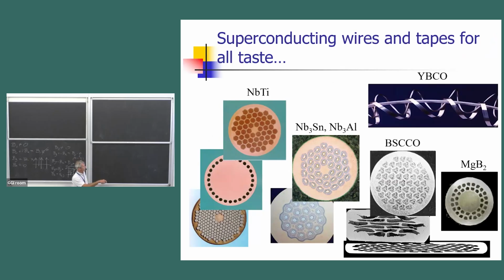And then you see a matrix invariably, different colors, but usually there's a copper matrix, like in niobium titanium, niobium tin, or there's a silver matrix, like bismuth compounds, HTS, or YBCO. And YBCO happens to be mostly in tapes, actually only tapes, while BSCCO, you can get in tapes or in wires. And similar to magnesium diboride, we'll see later what these materials are, which has a copper, monel, and nickel composite. So these are the wires we build our magnets with.